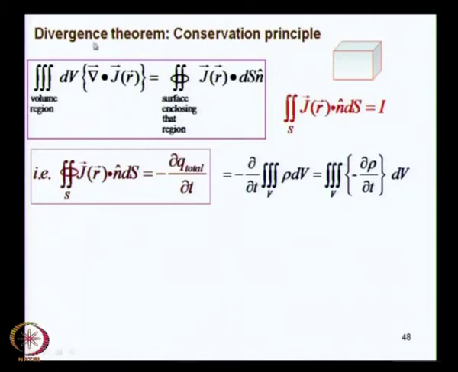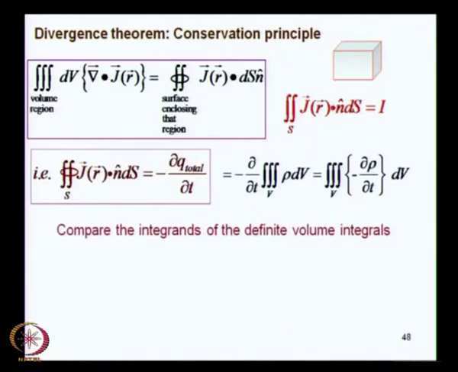And now if you look at these two volume integrals, these are definite integrals over essentially the same volume of space. So, the corresponding integrands must be equal. In other words, del dot j must be equal to minus del rho by del t. Okay, the corresponding integrands must be equal.